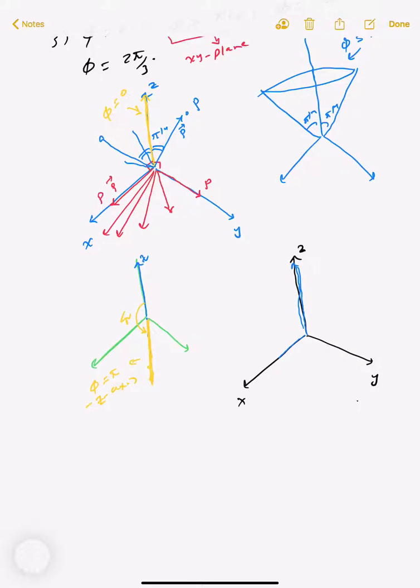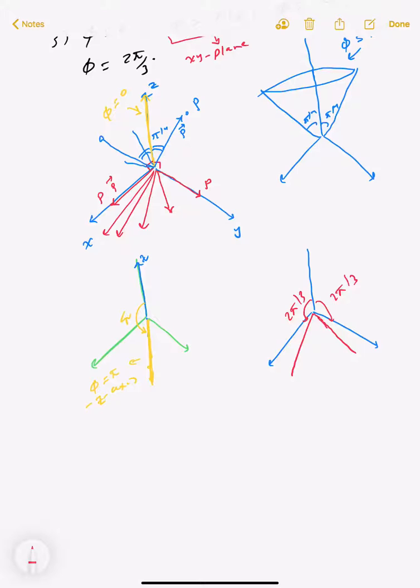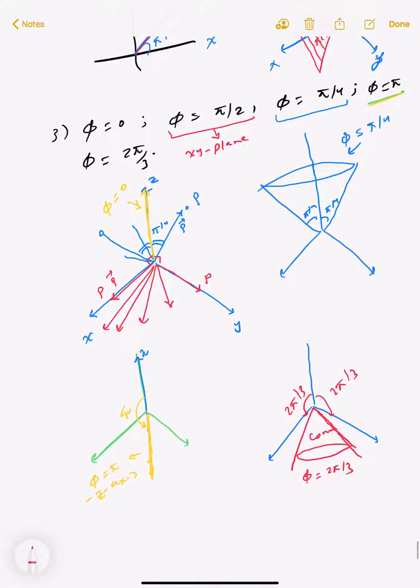So you need to exceed the xy plane to reach the angle 2 pi over 3. Okay, so this is the angle 2 pi over 3, but this needs to be done in all directions, and if you do it in all directions, you will get another cone like this. So this is phi equals 2 pi over 3. Again, it is a cone.